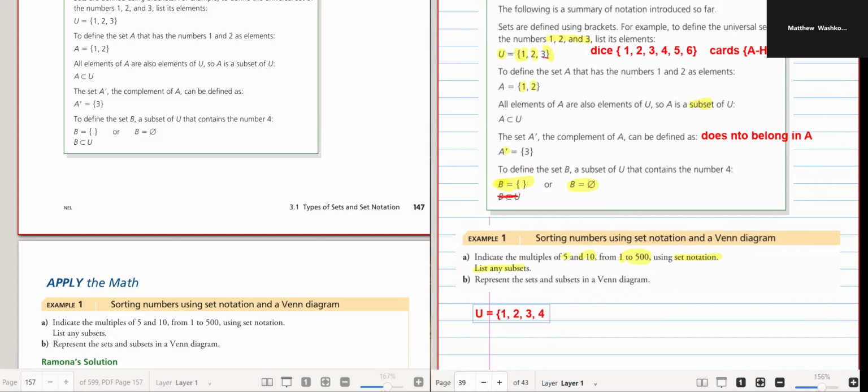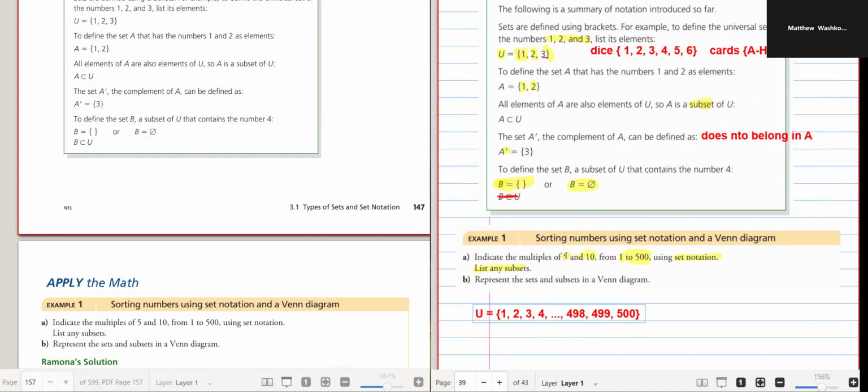I'm not going to list all 500 numbers, right? Instead, 498, 499, 500. There it is. There's my entire universal set. Every number that I'm referring to is going to be within this.